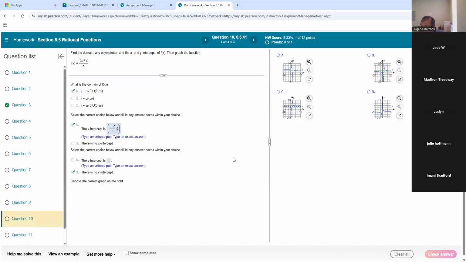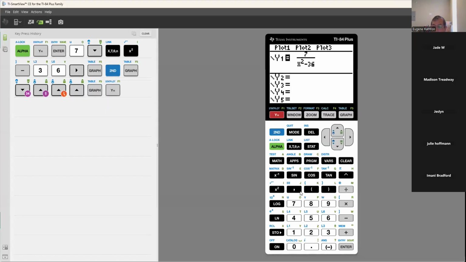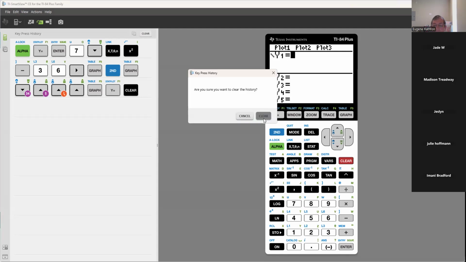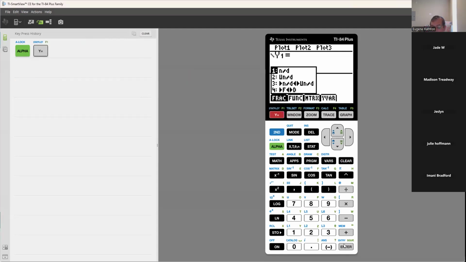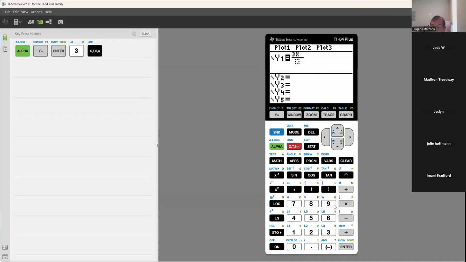Then it wants me to choose the right graph. All right, so look at these graphs. Let's go to y equals on our calculator, and we're going to graph that real quick. So y'all, let me clear that off. All right, I'm going to hit alpha y equals and enter. So y'all, on top was a 3x plus 2, and on bottom was an x.